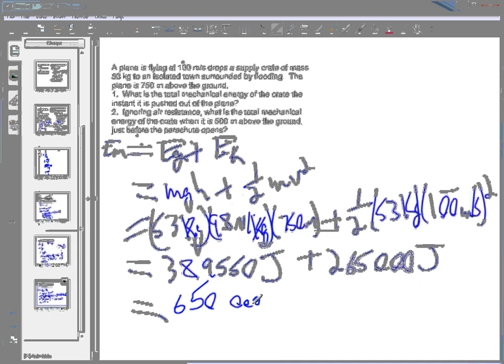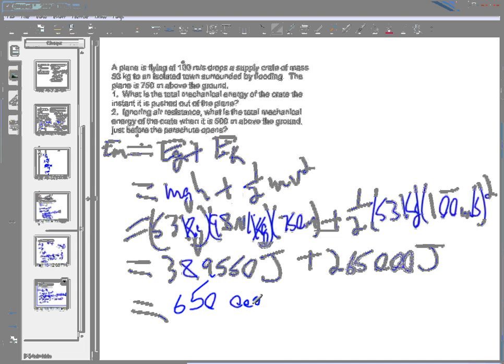Now, ignoring air resistance, what is the total mechanical energy of the crate when it is 500 meters above the ground just before the parachute opens? Okay, so if we're ignoring air resistance, that means that all the gravitational potential energy that the crate loses by dropping that 250 meters is completely converted to kinetic energy, which means that the total mechanical energy isn't going to change, right?